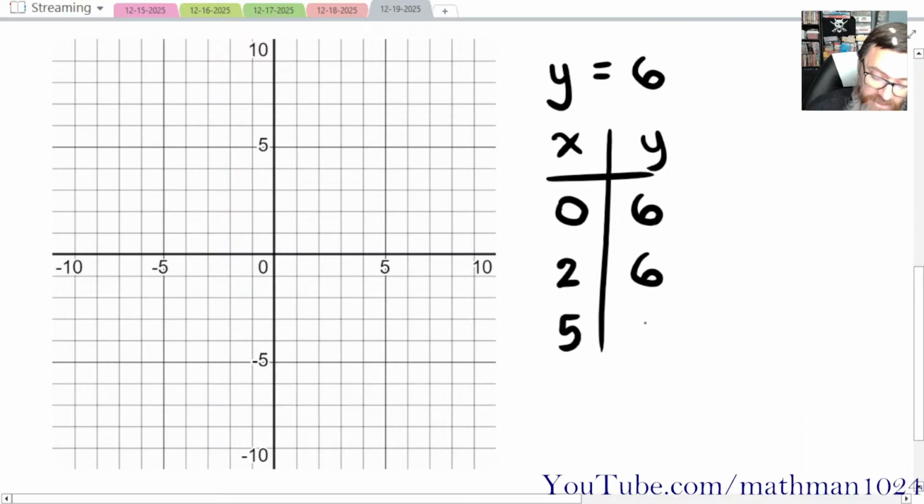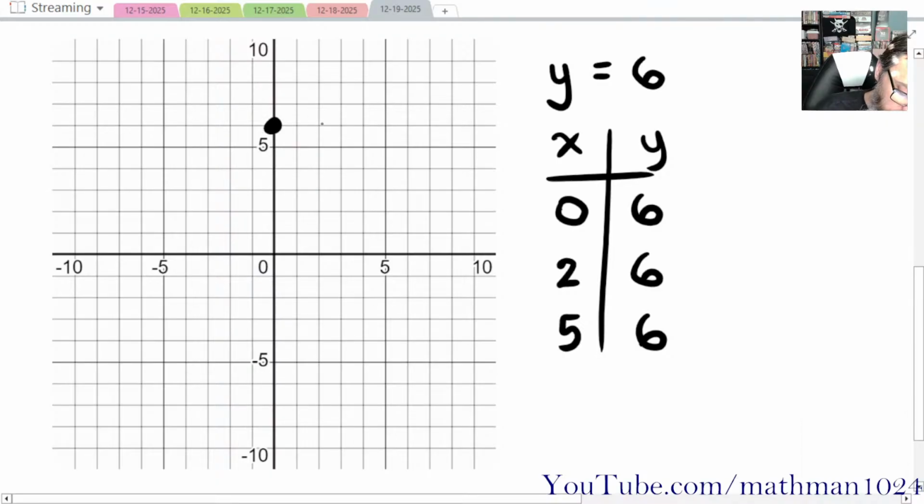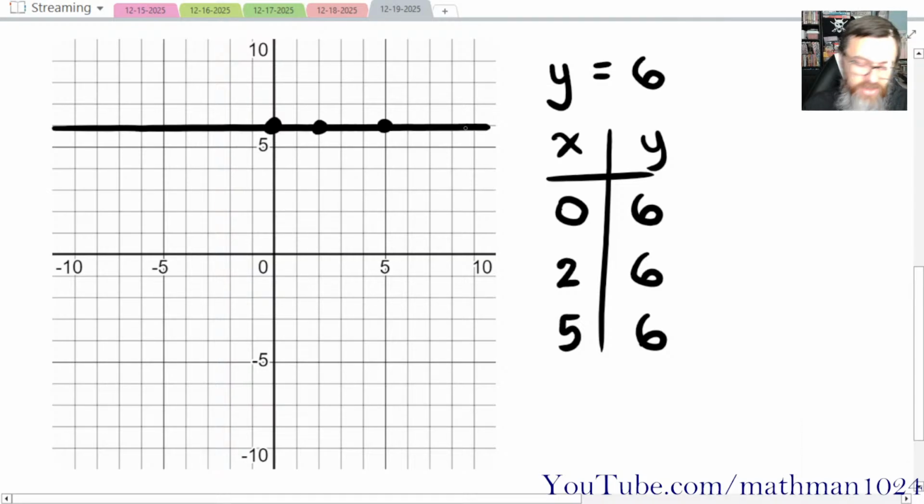If x is 5, y is still 6. This says y equals 6, and that's all it can ever be. There's no x that can change it. And again, if you plot these points, (0, 6), (2, 6), and (5, 6), they're all going to line up on the same line. So we connect the dots, and there we have it.